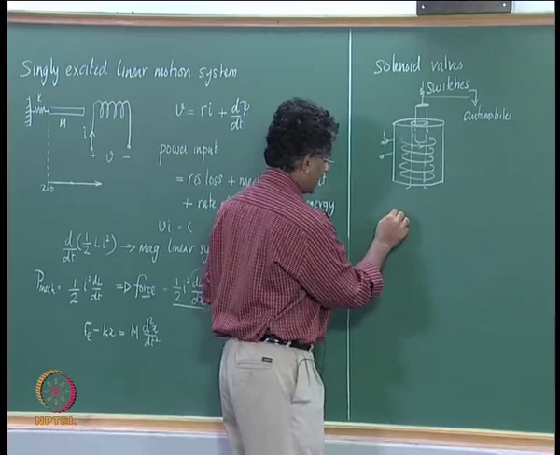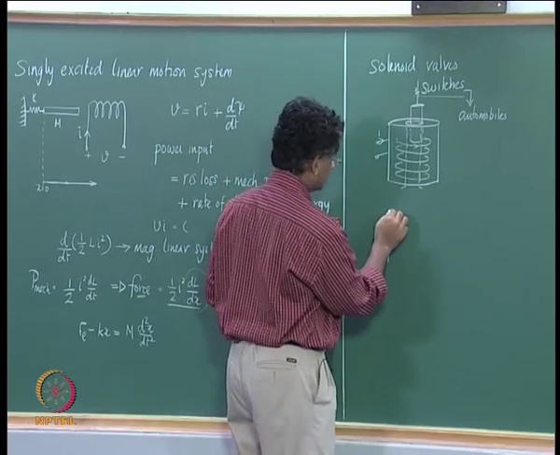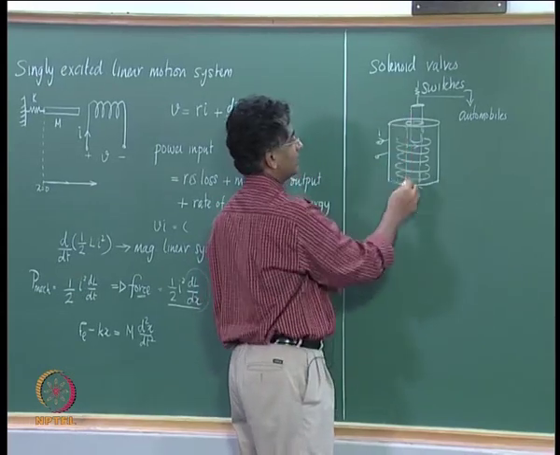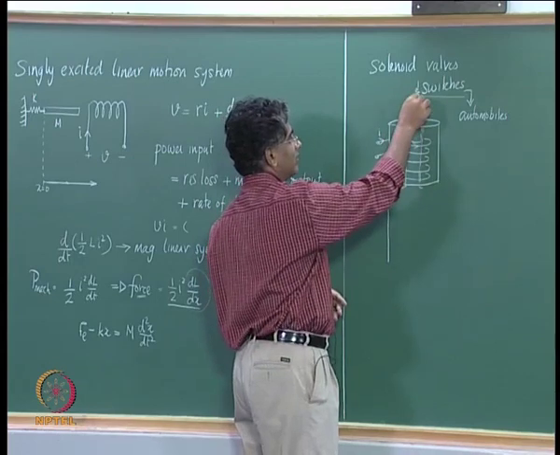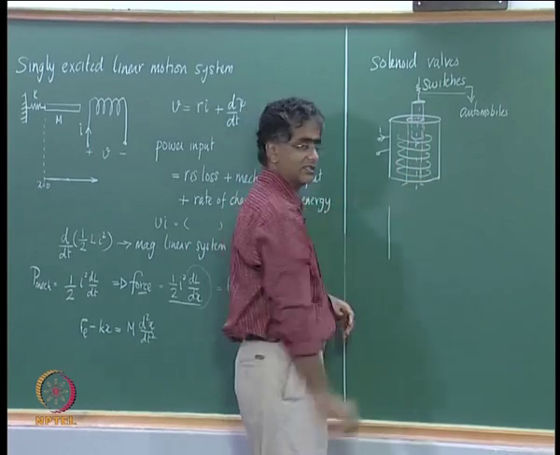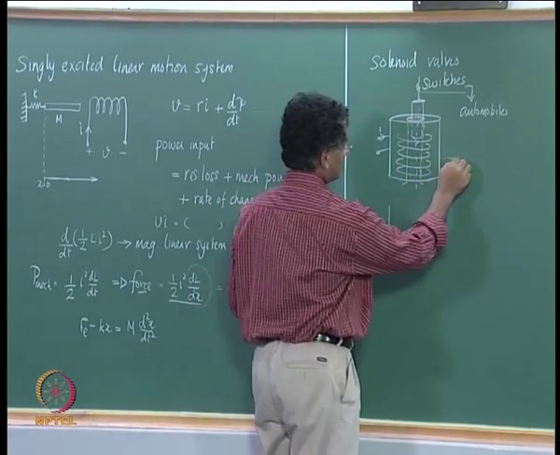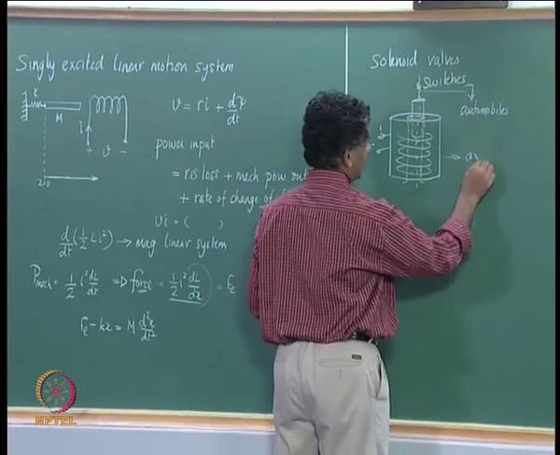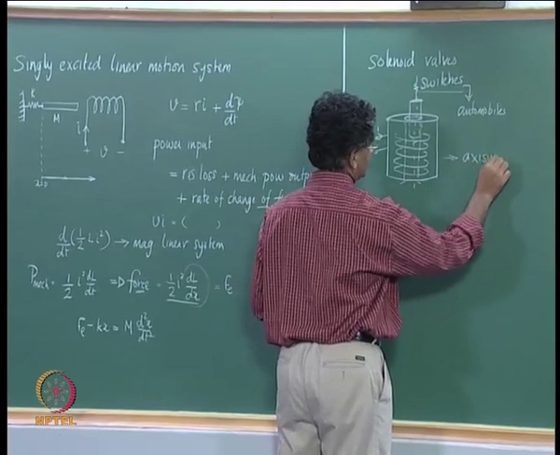Now we have an FE analysis of this. As you can see, this arrangement is entirely symmetrical about the axis in the center. We call such systems axisymmetric systems.